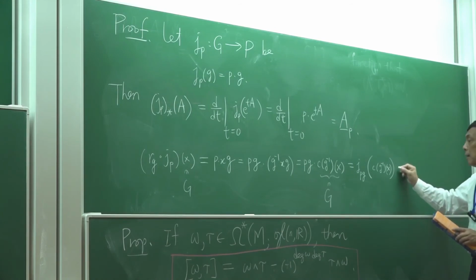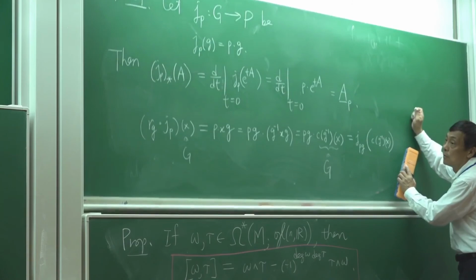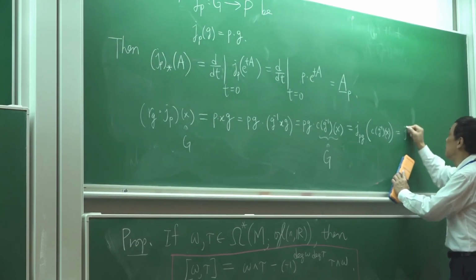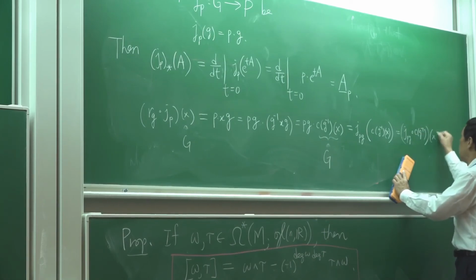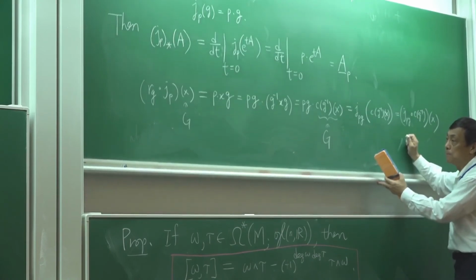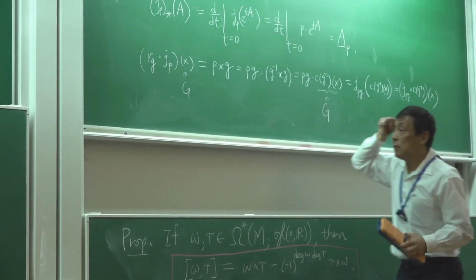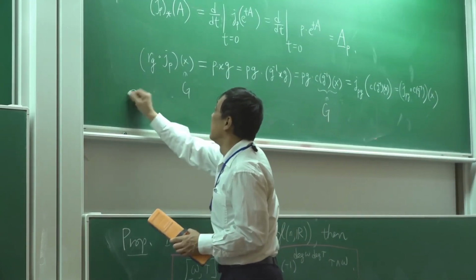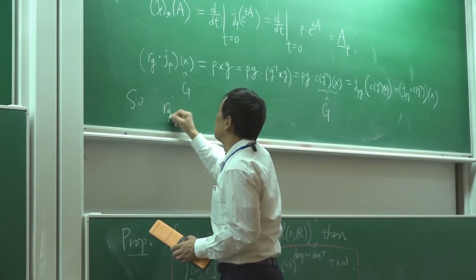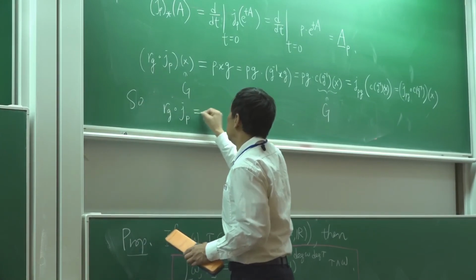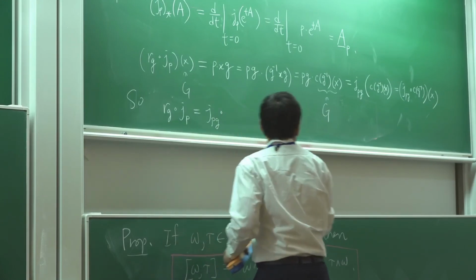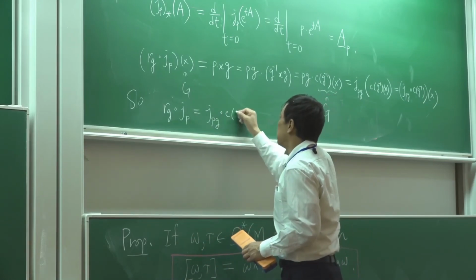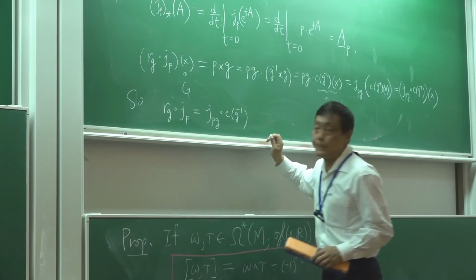And so therefore, I can write this as j_pg composed with C_g inverse applied to x, okay? So what I have shown is that if I right translate j_p by R_g, I get j_pg composed with conjugation by g inverse.